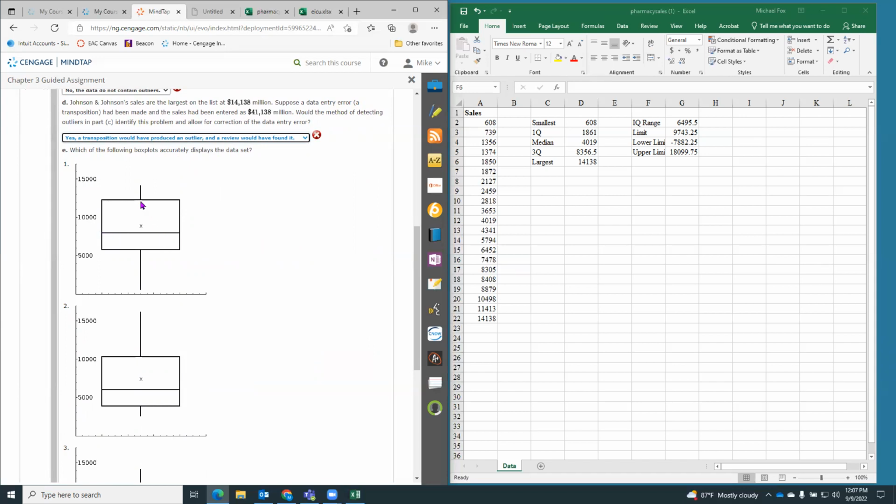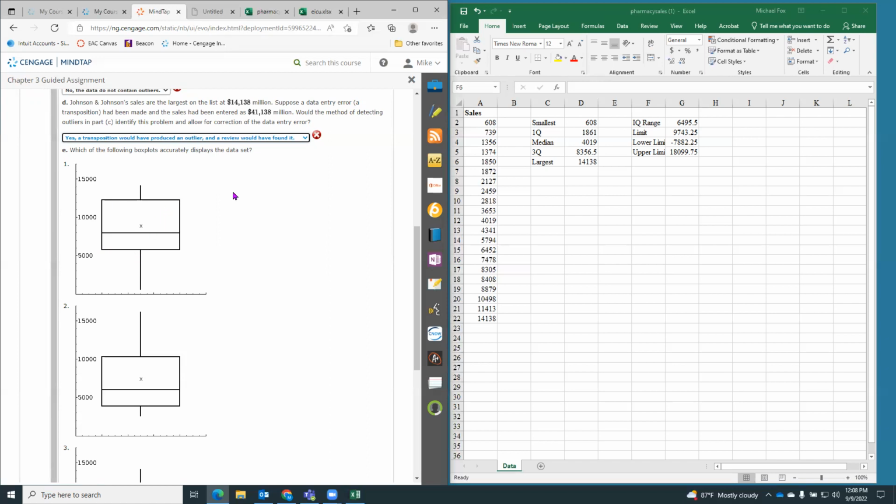And then the line on the top here is the third quartile, and on the bottom is the first quartile. And then these lines extend out to the highest and lowest value in the data set that is inside of the range.